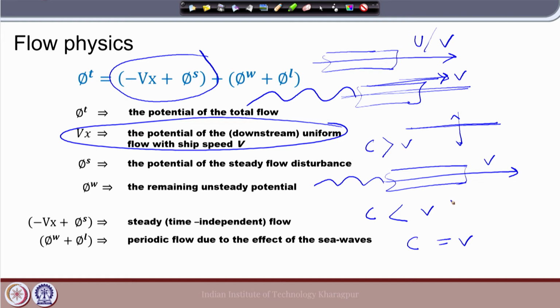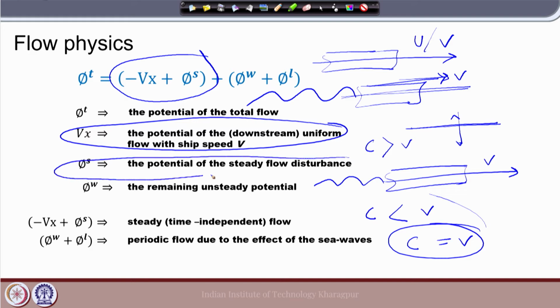So, in this third case, actually you can have some potential of the steady flow disturbance, and this is what we can call the typical wave resistance problem.